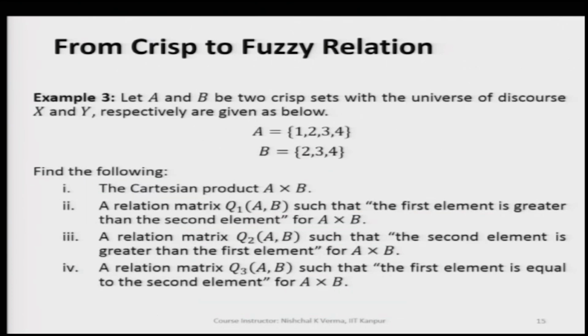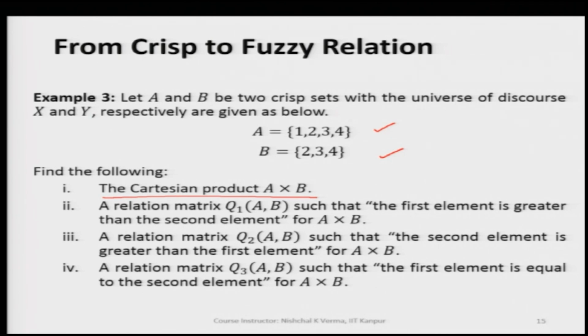Now, let us take another example, where we take crisp set A and crisp set B, and we have the universe of discourse as capital X for A and capital Y for B. In this example, we are supposed to first find the Cartesian product of crisp set A and crisp set B, that is A cross B, and then find the relation matrix Q1 A comma B such that the first element is greater than the second element, as we have seen in the previous example.